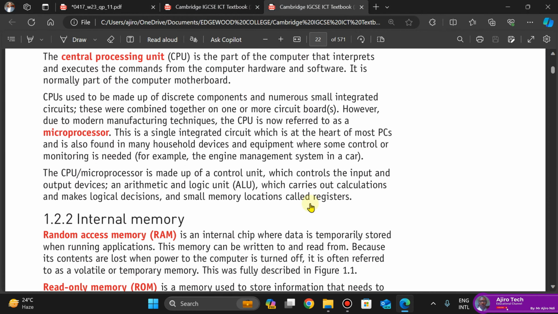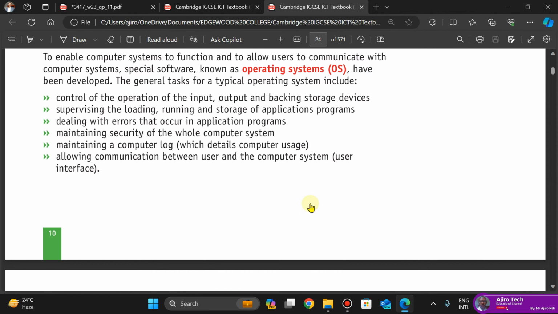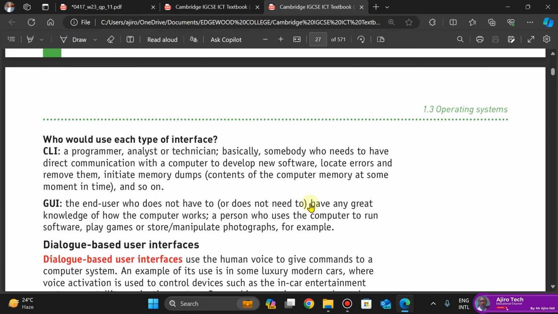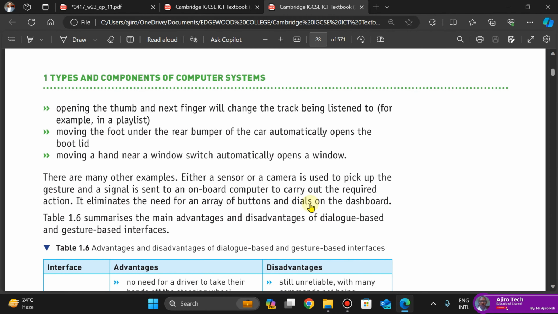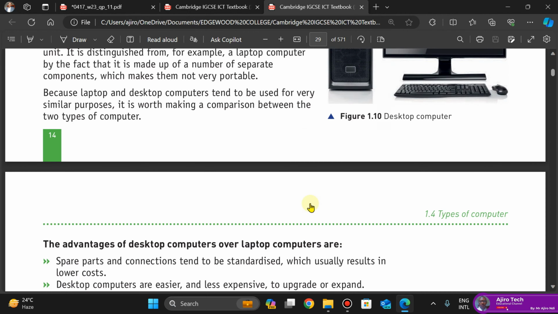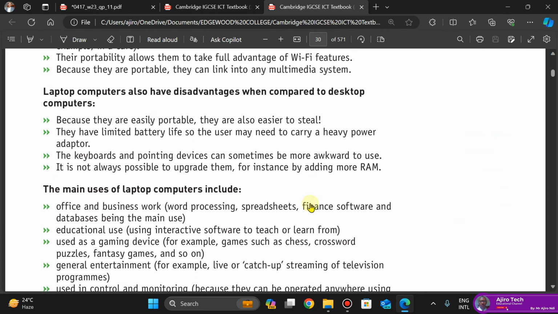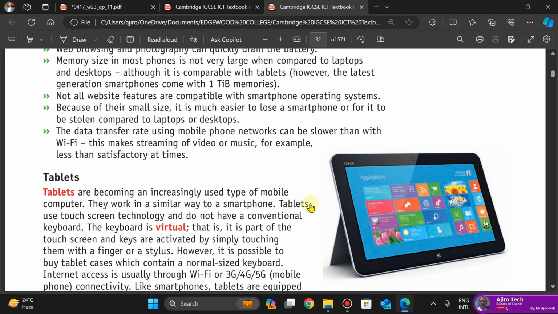Types, okay, types of what? Mobile computers. Now look at it. Let's look at tablets. Now here we have what? Tablets.